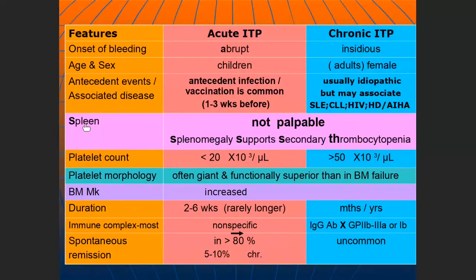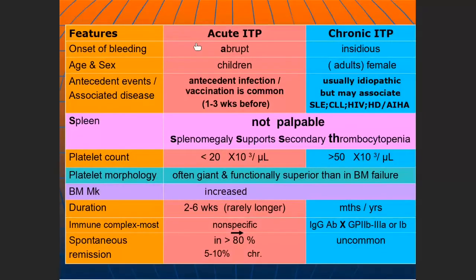We have two types of ITP, acute ITP and chronic ITP. Acute and chronic have some differences between them.